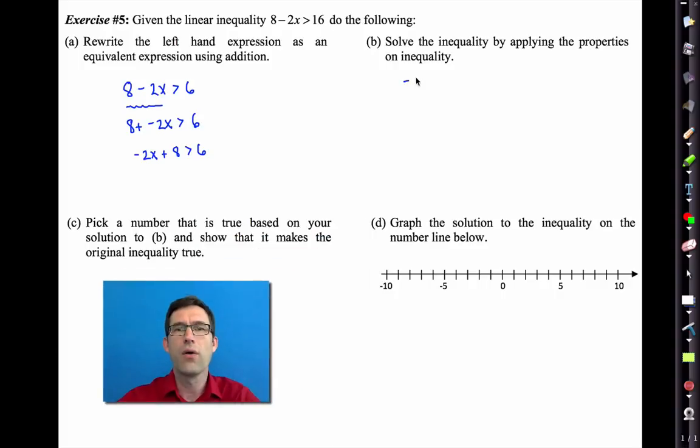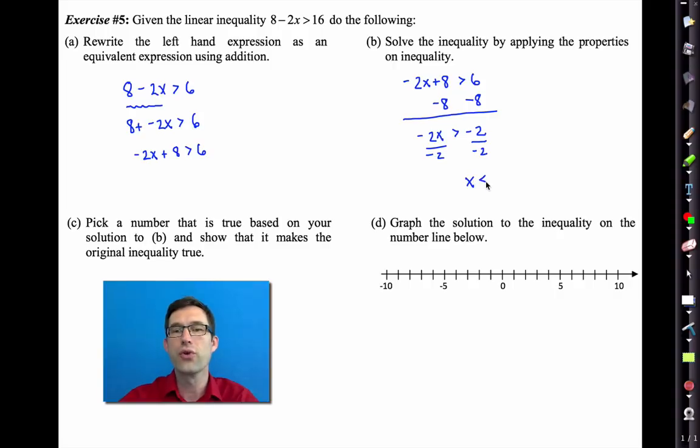Now I want to solve in letter B this inequality using the properties of inequality. Here we're going to be careful. We're going to use the additive property of inequality to add negative 8 to both sides. Remember, that does nothing in terms of changing the inequality symbol, but here's where we have some issues. As soon as I divide by negative 2, this inequality would suddenly become false.